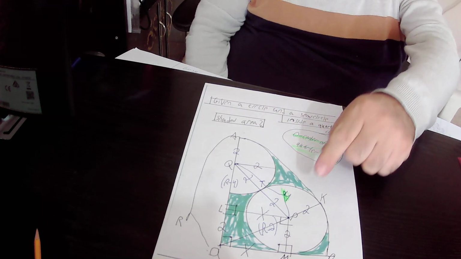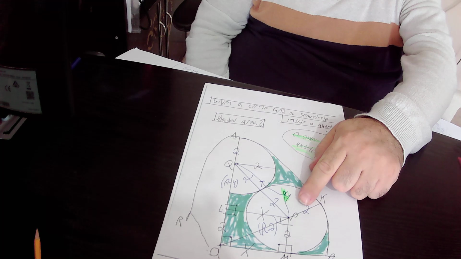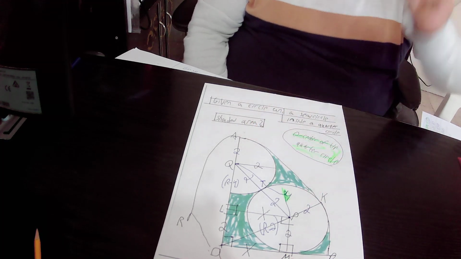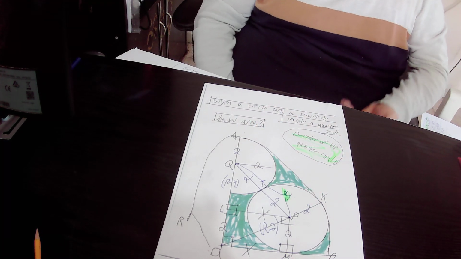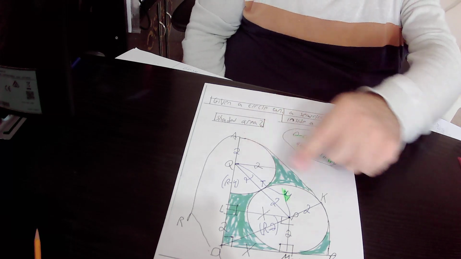So here, point P is the center of the circle. Point Q is the center of the semicircle, and the straight line that joins their centers together is QP.